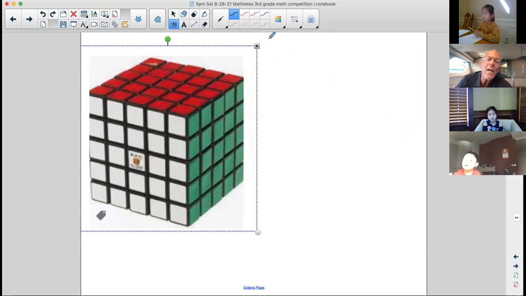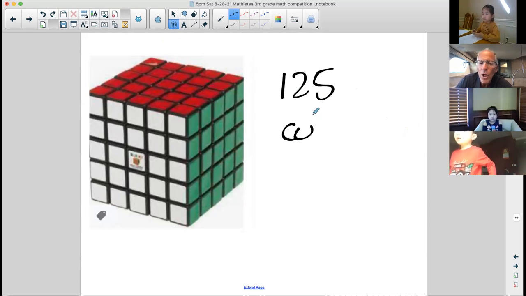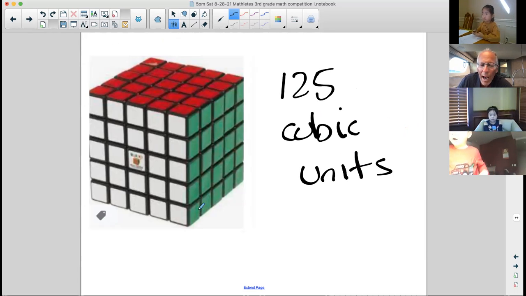So I want you guys to think about how, remember, this is 125 cubic units. Wow, that is a lot of cubic units. Remember, each one of these cubes adds up to make 125.